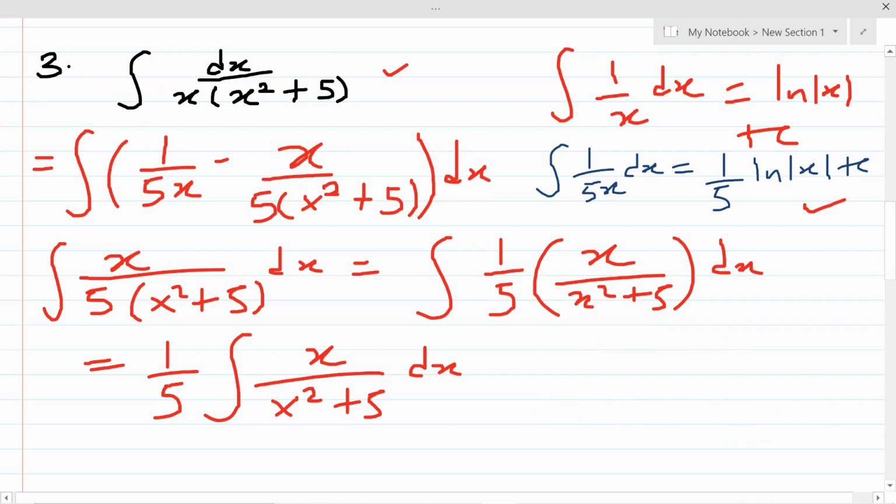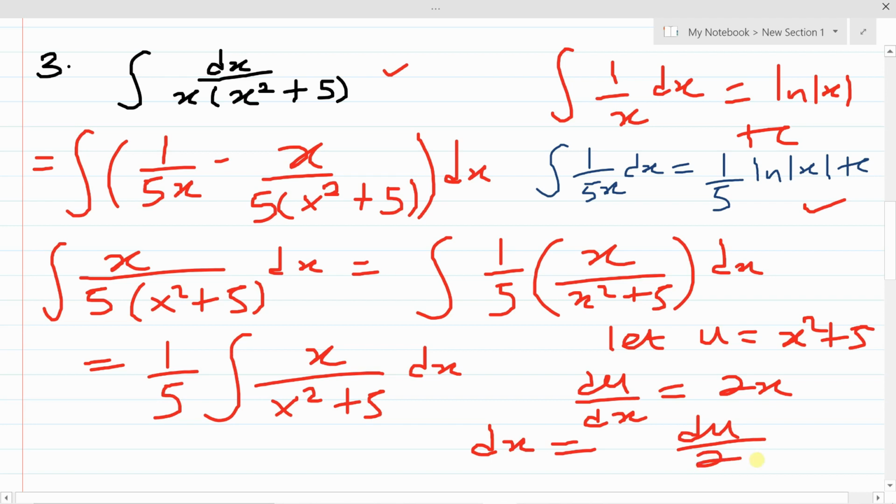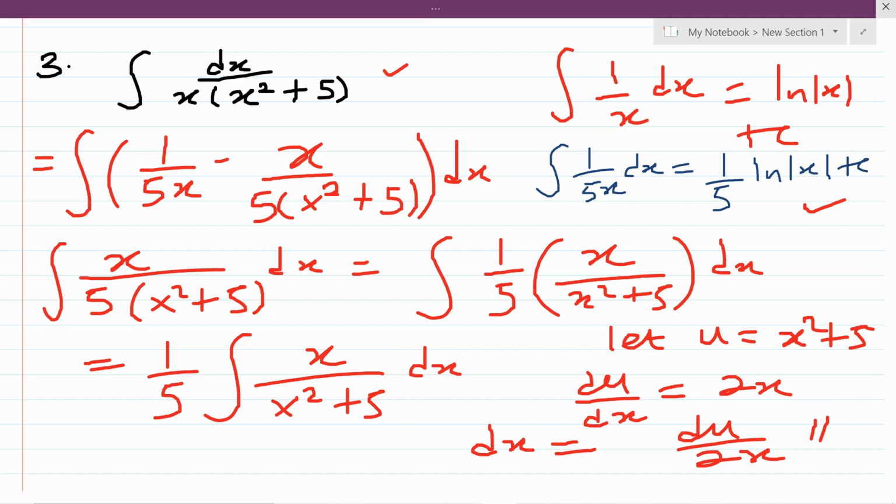Now if I let u be equal to x squared plus 5, then it means that du/dx should give me 2x, and this means that my dx will actually be equal to du over 2x. Now that is it. So let's keep this in mind, come and erase some parts and we'll continue from there.